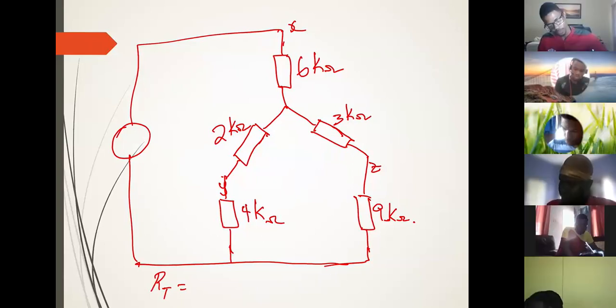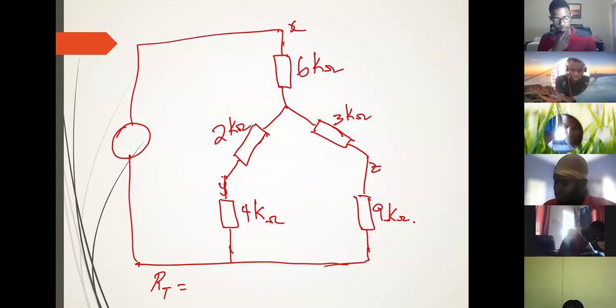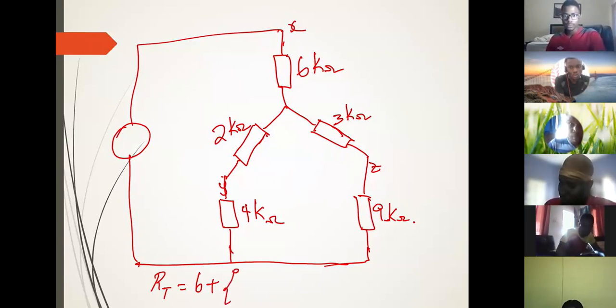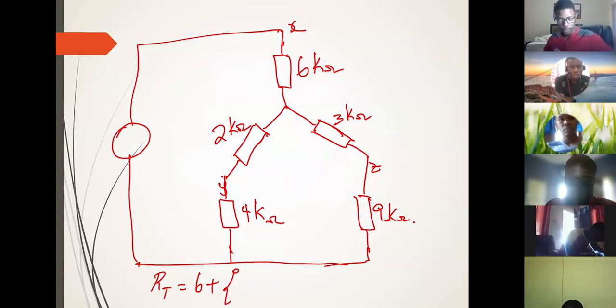It's in series with the rest of the circuit. 6 in series with the rest of the circuit. So 6 plus, and then the two, bracket 2K plus 4K in parallel with 3K plus 9K.